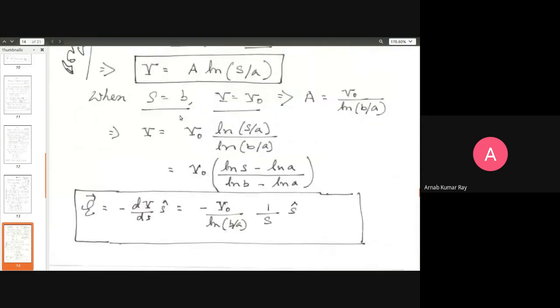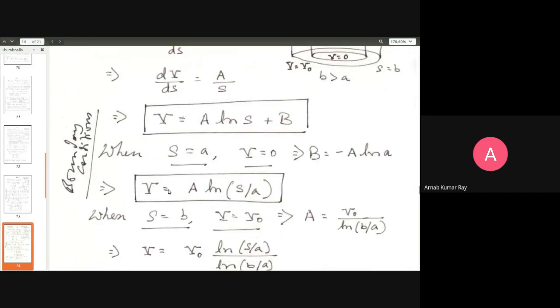However, that said, one last thing to touch upon now is that this is one case where V does not come out as the solution of a straight line. V is not A into S. V is A into log of S. So out of the 6 variables we have considered so far, we did not work with X and Y, but we said that whatever we have done with the Z variable in Cartesian coordinates will be the same as what we can do with the X and Y variables.